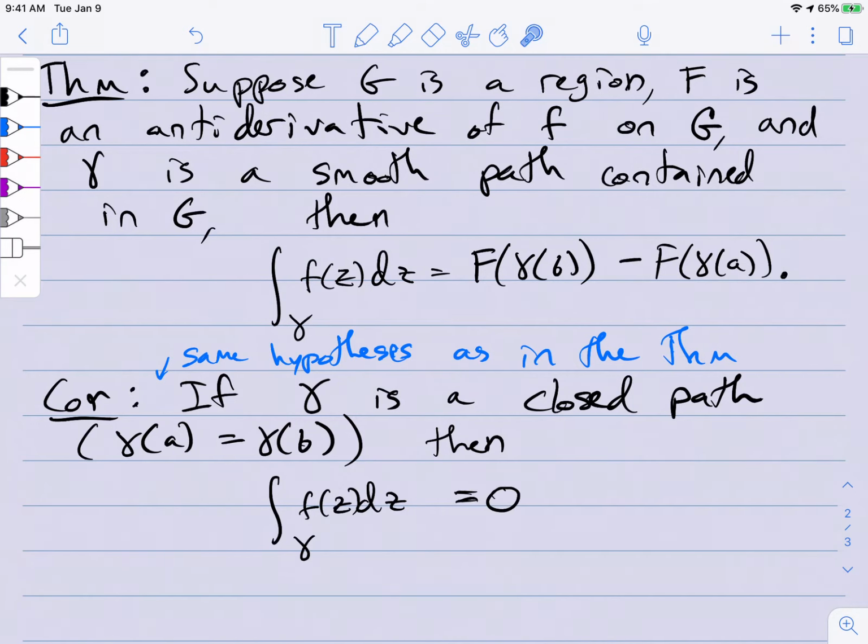Because in that case, F of gamma of b is the same as F of gamma of a, and so we get 0. And so what this is saying, in plain English, is if our path is a loop, and if f has an antiderivative on a region containing this path, then the path integral is going to be 0.